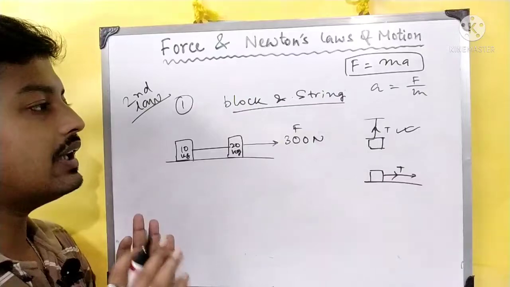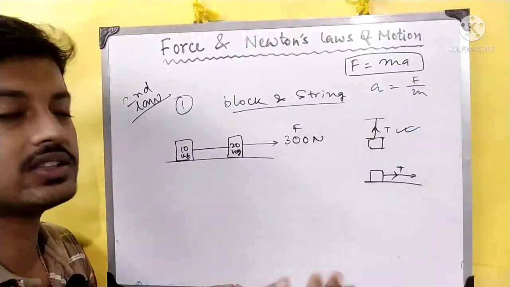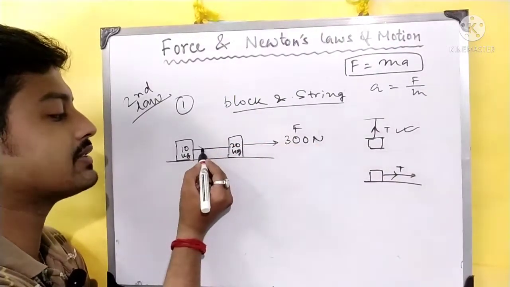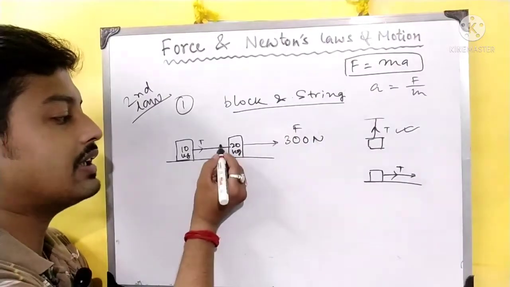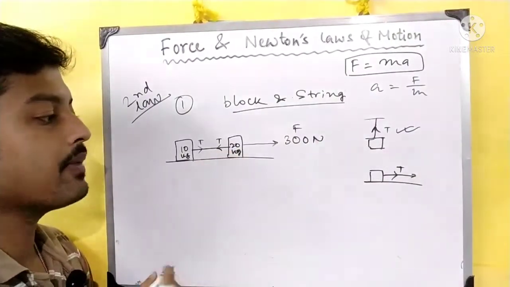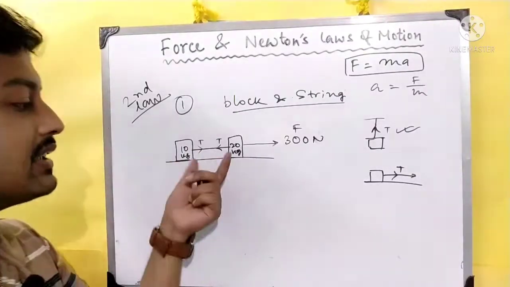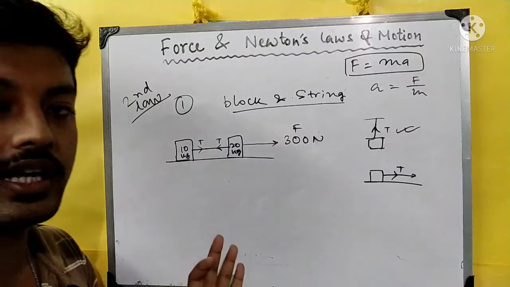Okay, so let's apply tension forces. Where will the tension forces act? I have said away from the mass, so in this string this will be the tension force, and for this mass this will also be the tension force. And remember, because this is a single string, the tension will be the same. Both are T, not any different expression.